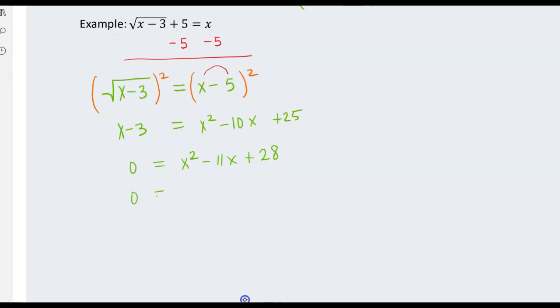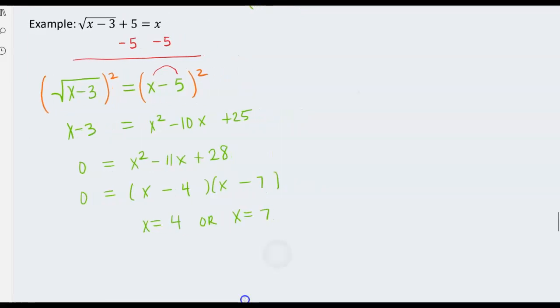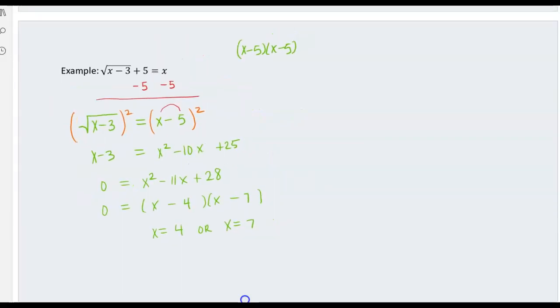This can be factored into x minus 4, x minus 7. So x is either equal to 4 or x is equal to 7. All right, let's check our answers here.